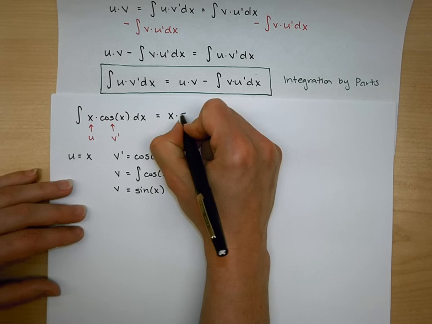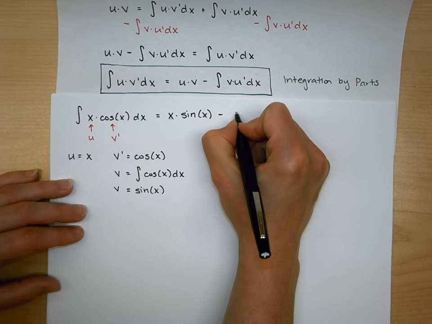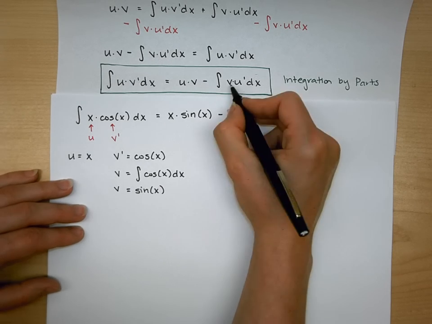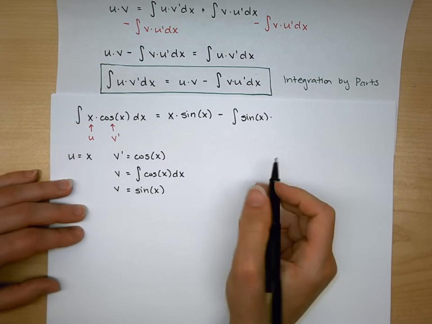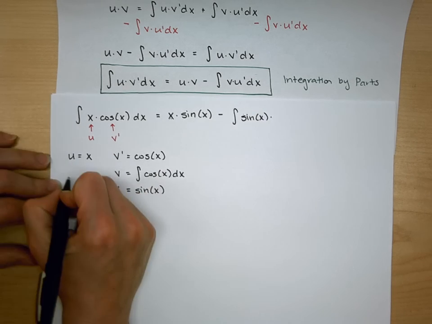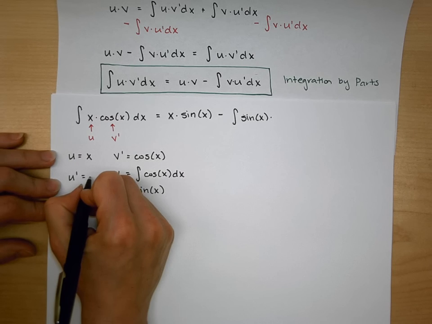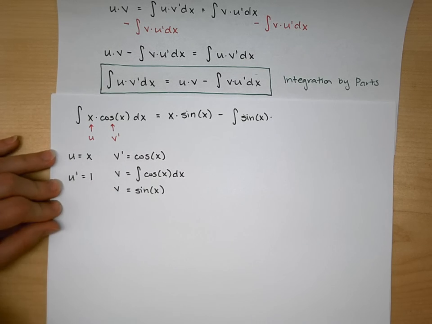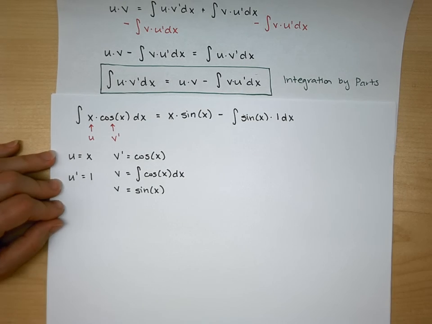There's my v part, just filling in piece by piece, minus the integral of v, which I just found. V is sine. And then I need to multiply by u prime. Notice I don't have that yet, so let's go ahead and find it. I know that the derivative of x with respect to x is just 1, so times 1 dx.